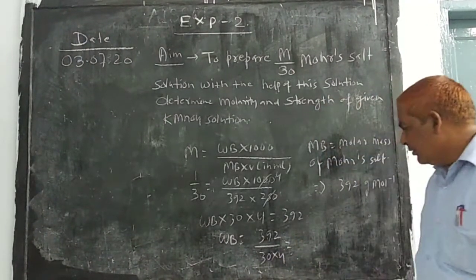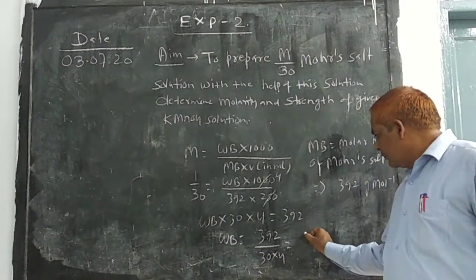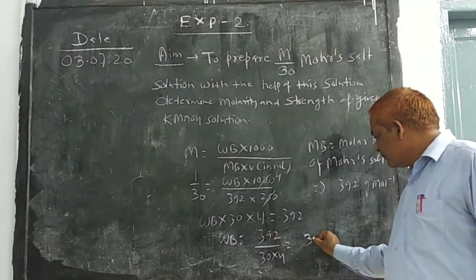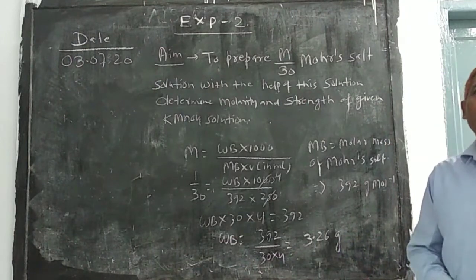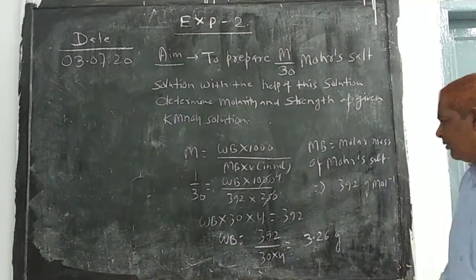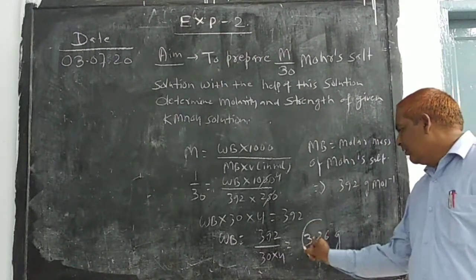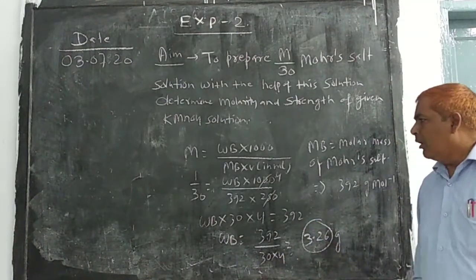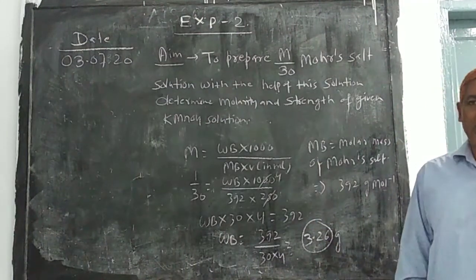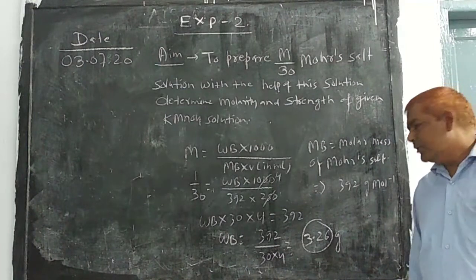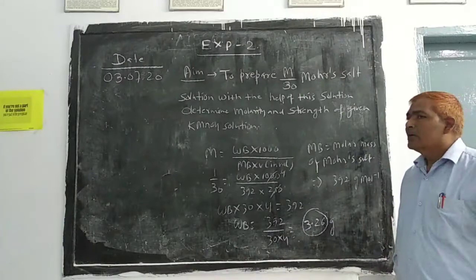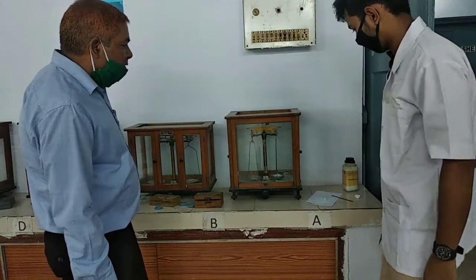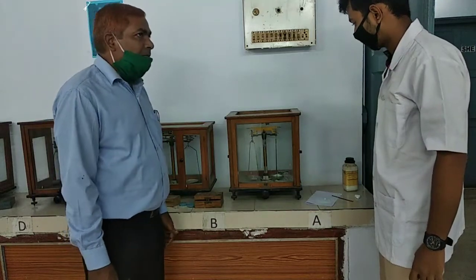After calculation, it becomes 3.26 gram. So first of all, you have to weigh 3.26 gram of Mohr salt through the physical balance. Okay, so I am going to weigh 3.26 gram of Mohr salt through the physical balance.